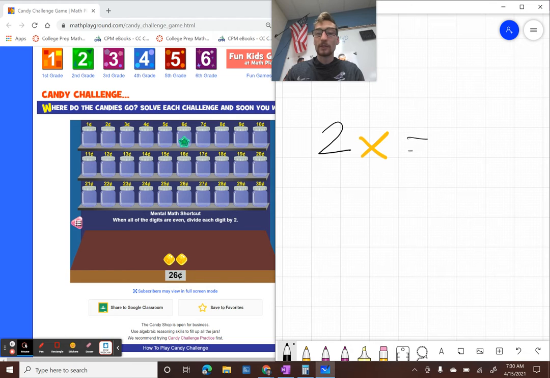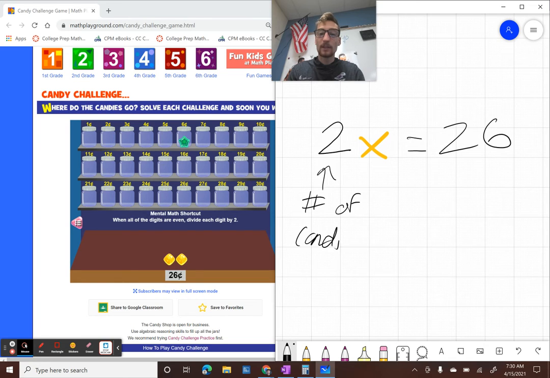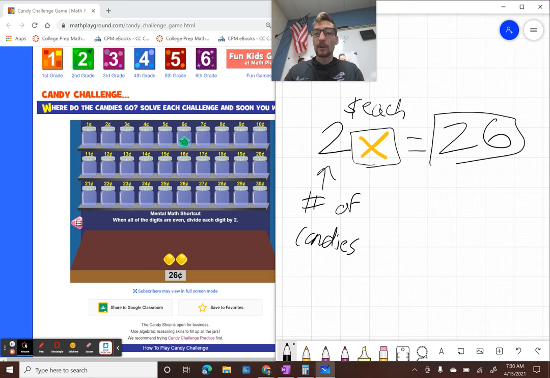What are they equal in total? 26 cents. So here's my equation. One more time, it's the number of candies I'm working with here, the missing cost of each, and then the total cost.